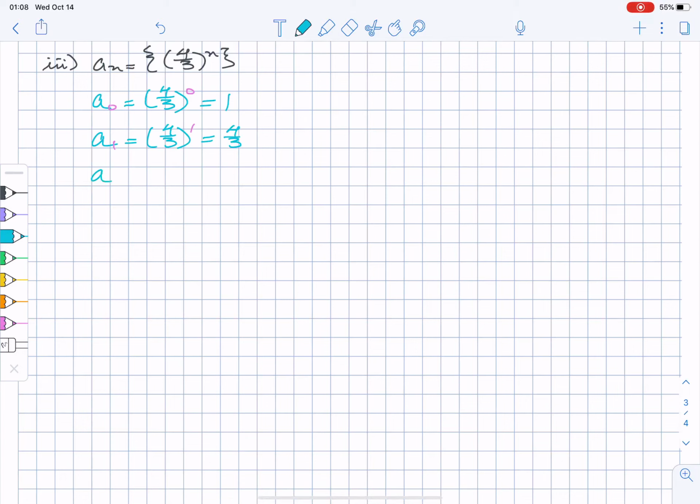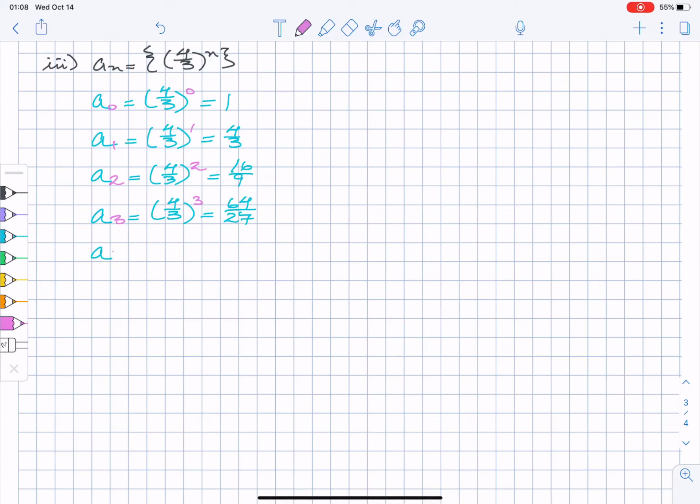A sub 2 is going to be 4/3 to the 2nd power. So what do I get? 16 over 9. A sub 3 is going to be 4/3 to the 3rd power. So what do I get? I get 64 over 27.